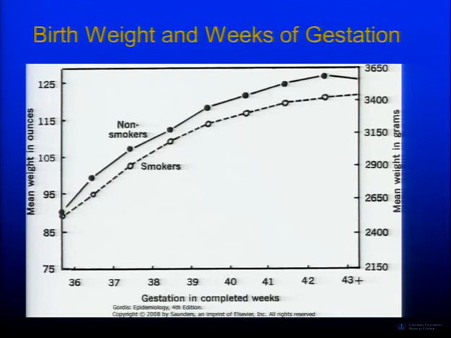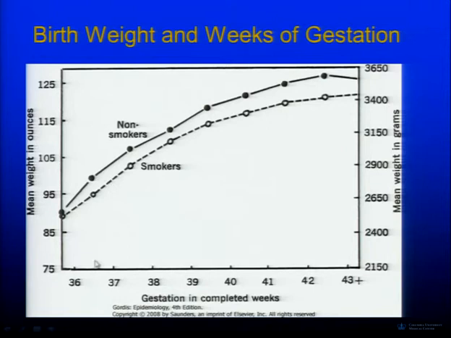Okay, so here is, again, looking at non-smokers with the solid line, smokers with the dashed line. What they basically did here is that they said for any length of gestation, whether it's 40 weeks, which is the average length of gestation, a non-smoker always has a higher birth weight than a smoker.